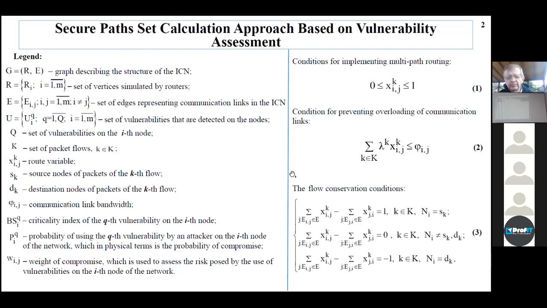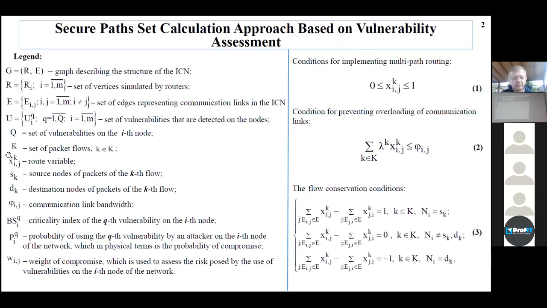The order of routing in the network is determined by routing variables X, each of which characterizes the portion of the flow in the link between two nodes of the network. Based on the physical content of these routing variables, depending on the implemented routing strategy, certain conditions are imposed.